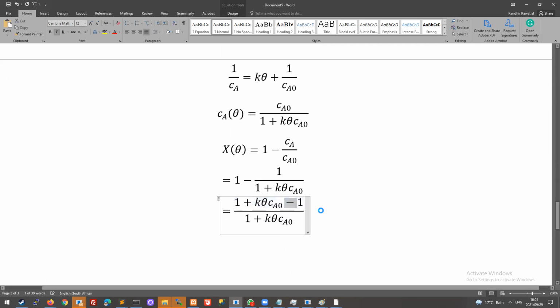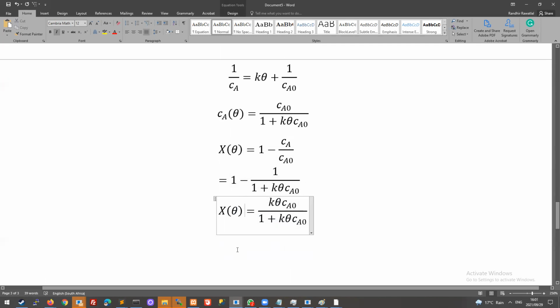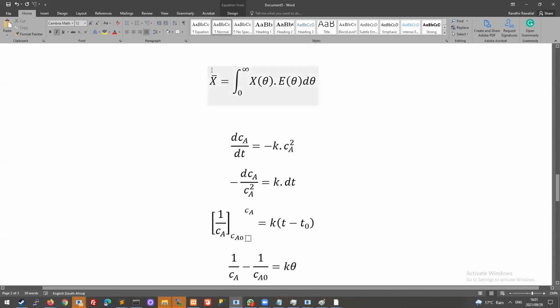So you can just forget about the ones here. So that is your x of theta, okay? So that's what you do in the case of segregation, right? When your reaction is happening in different elements.